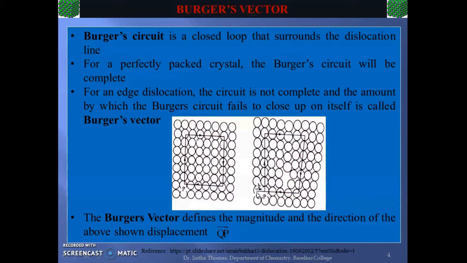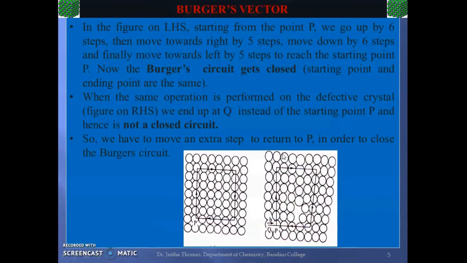That is, the magnitude and direction of the displacement vector B is defined as the Burger's vector here. Once again, let me repeat what is the Burger's vector.